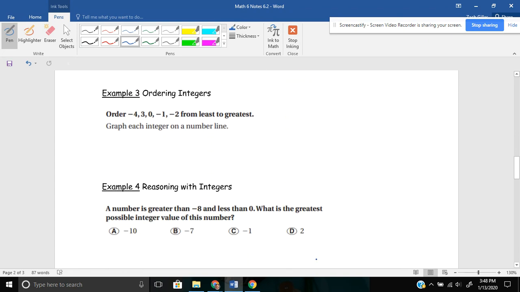Moving on to the next two examples, it'll ask us to order integers in example 3 and also graph them on a number line. So here, a number line isn't provided. You'll just have to sketch one and take a quick look at your numbers to see what you should go by and how big you need.